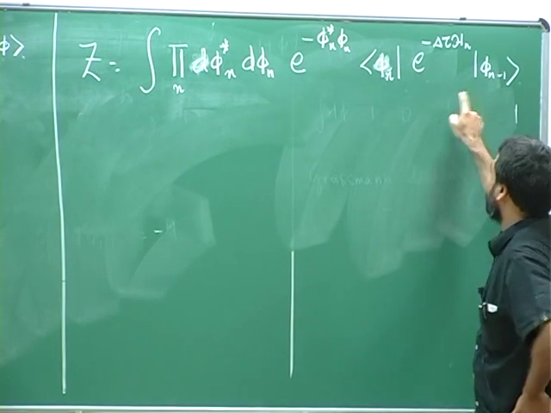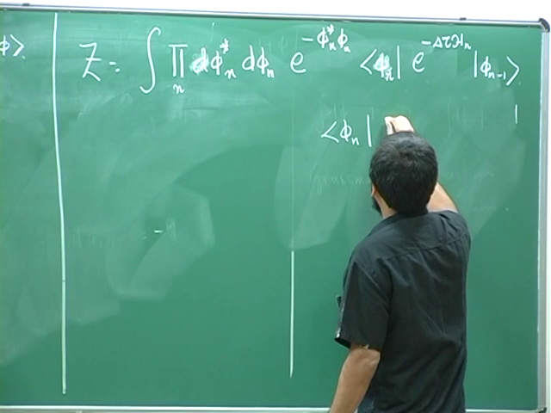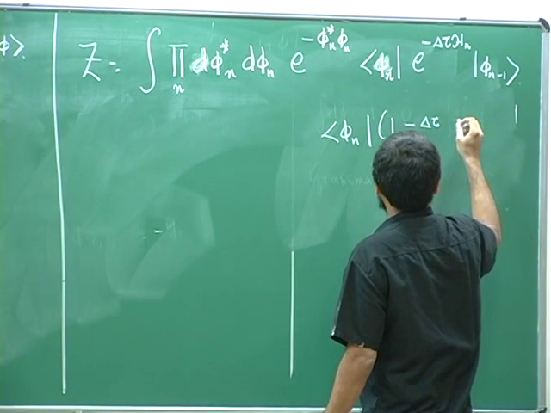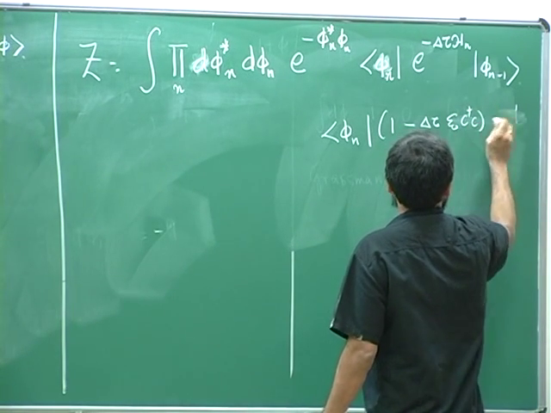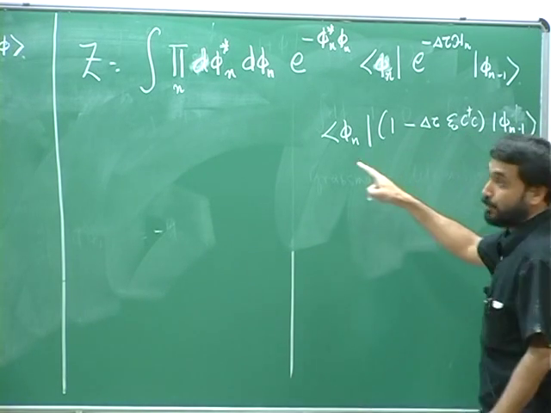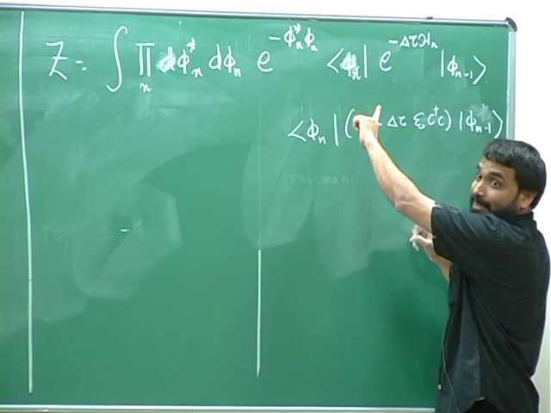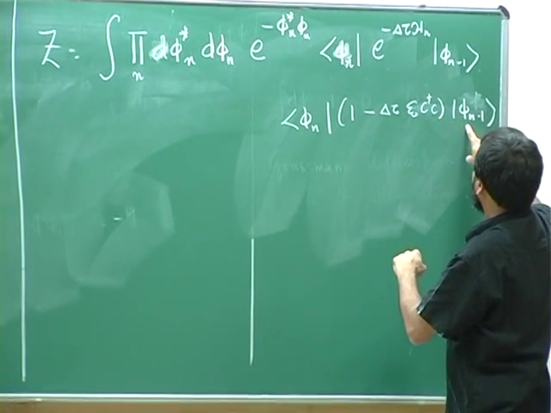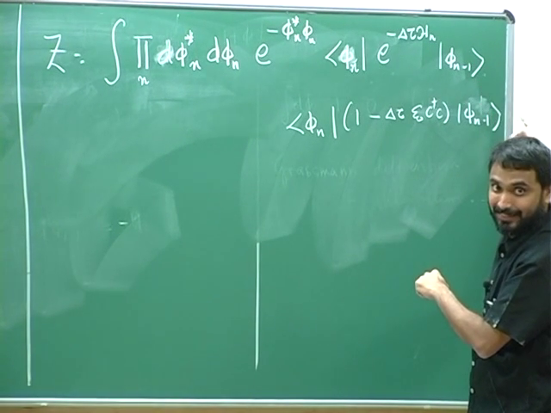Okay. So now we know what this object is. Right? What is that object? That is phi n, and I can write this as 1 minus delta tau epsilon 0 c dagger c, and then phi n minus 1. So what happens to this? This guy hitting on that will give me phi n star, and that guy hitting on this guy will give me phi n minus 1, right?